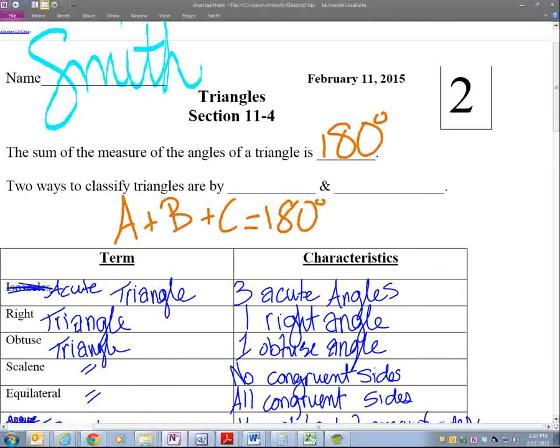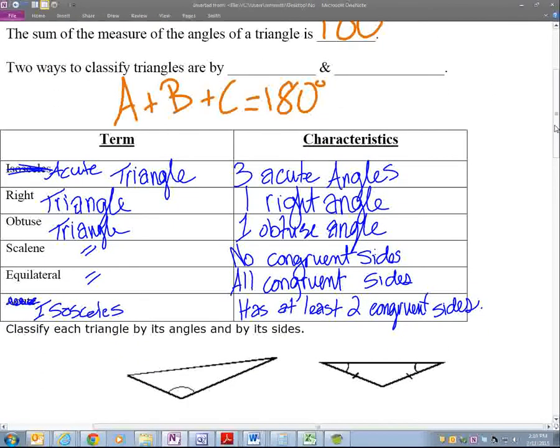Now, there are two ways to classify triangles. Triangles are classified by one of two ways. Since you guys already did this before the camera started rolling, what is that being classified by? Yeah, angles. Classified by angles. Don't write angels.